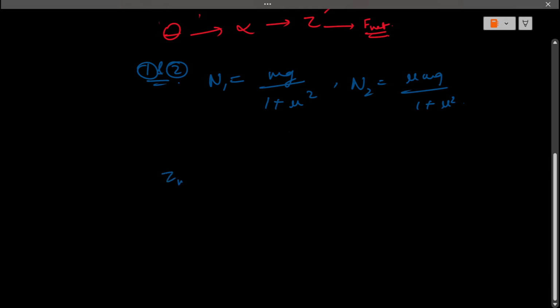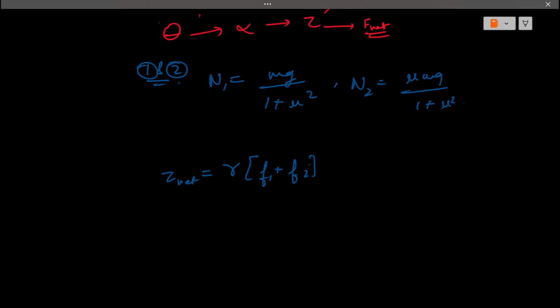Now we'll be finding the value for net torque. So we have R times F1 plus F2. We have a plus because F1 and F2 act in the same sense and are couple forces, so they will have the direction of the torque the same about the center of mass of the disk, right?